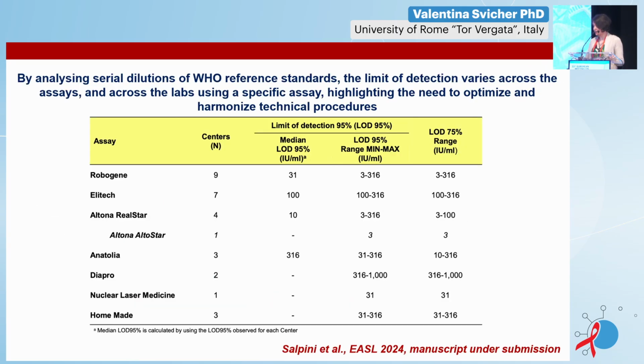In particular, by analyzing serial dilutions of the WHO reference standards, we found that, as expected, the lower limit of detection varies across the assays. But the lower limit of detection varies also across the different centers that have used the same assay, thus highlighting a not negligible interlaboratory variability and thus the need to harmonize the diagnostic procedure.